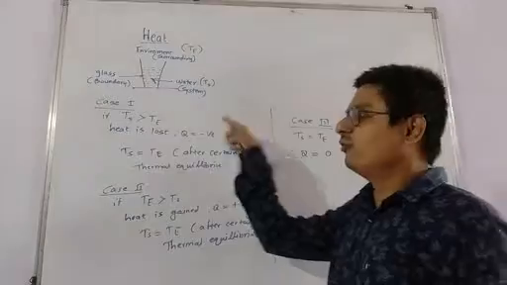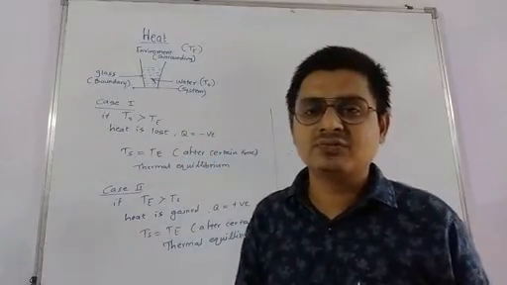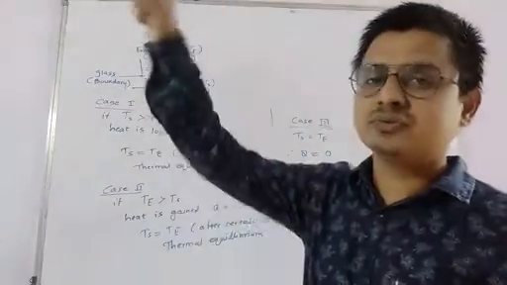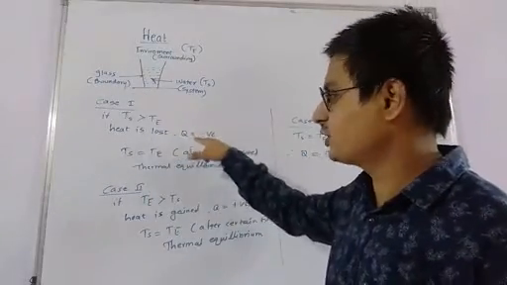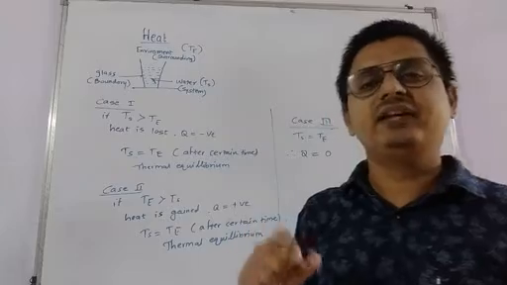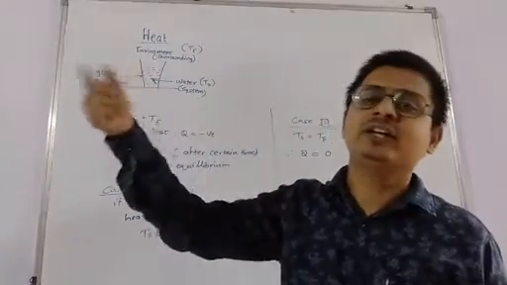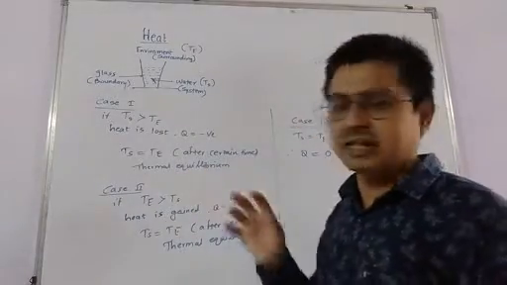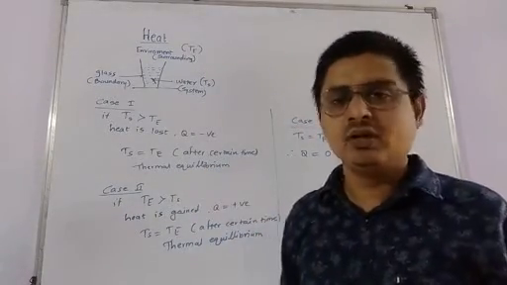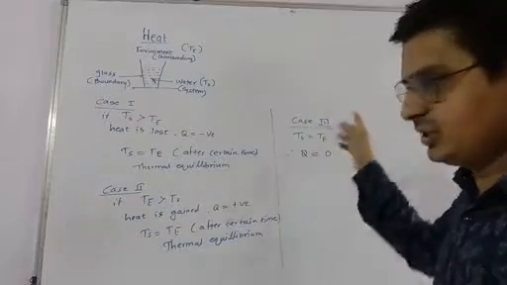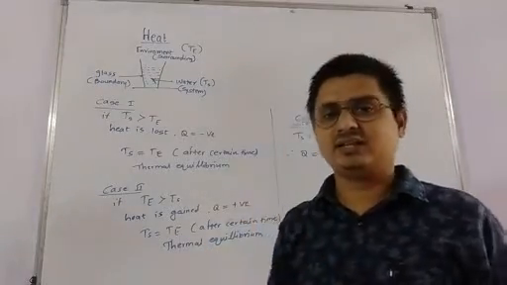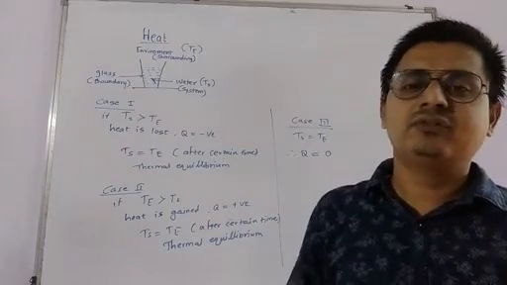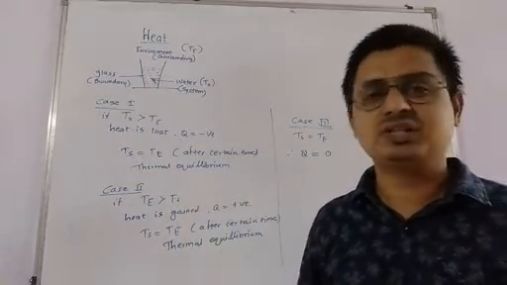So when heat is transferred from system to surrounding, the heat is lost, Q is negative. If the heat is transferred from surrounding to the system, the heat is positive, that is, heat is gained by the system. And when the temperature of the system and surrounding are equal, there is neither transfer of heat from surrounding to system nor system to surrounding.